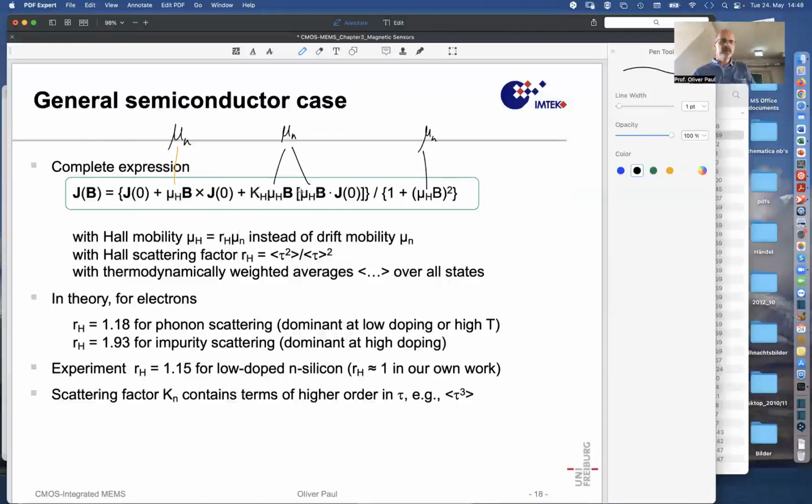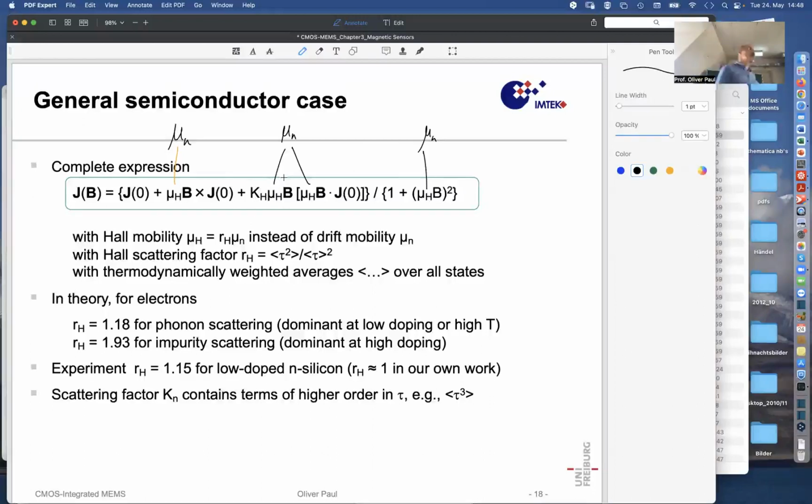Once you did that, you still have this second effect, that these thermodynamic averages turn out to be slightly more complicated, involve higher order terms, and then there's a second correction factor that needs to be added, a k, which is also of the order of magnitude of 1. So it's not exactly 1, it's somehow 1, or whatever, 2 or 0.5. I don't know. Because we rarely deal with the second order effects, not knowing that k is not so important.